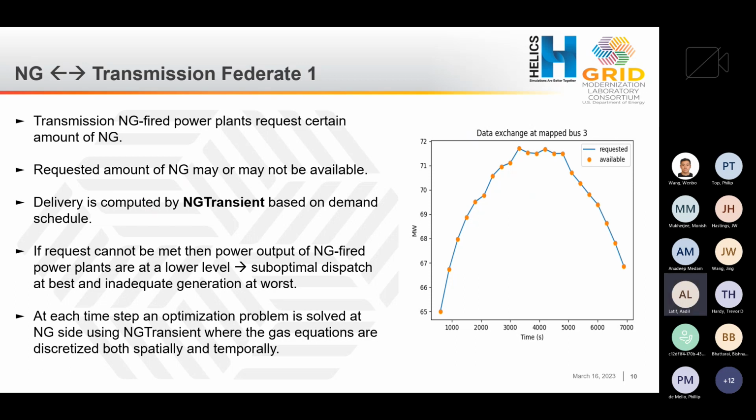So the delivery is computed by NG Transient, and something similar is done within the Saint model as well. If the request cannot be met, the natural gas-fired power plants are going to be operating at a suboptimal dispatch level, and you would see that what is requested is not what is granted. In this case, however, given we did not hit that constraint limit, we were able to match what was asked for every single point in time in the core simulation.